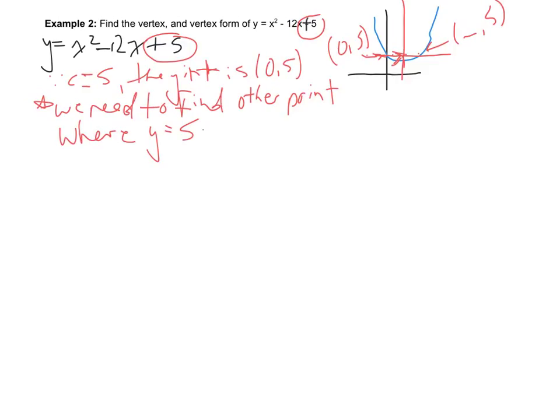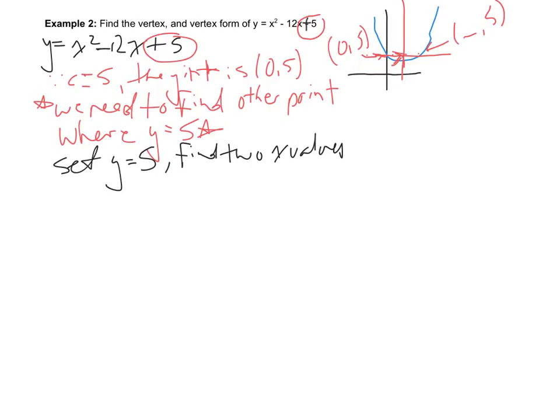So we are going to set y equal to 5, and we're going to find the two x values. That's a lot of writing, you don't really need to do that. I'm just explaining what I'm doing.